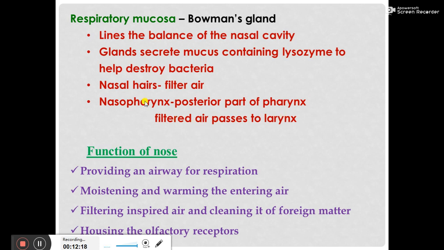Now we will summarize the functions of the nose: providing an airway for respiration, moistening and warming the entering air so that the air is filtered and devoid of impurities, filtering inspired air and cleaning it of foreign matter, and housing the olfactory receptors.